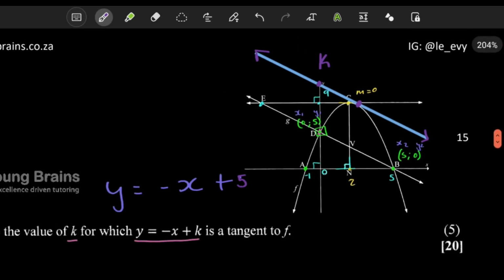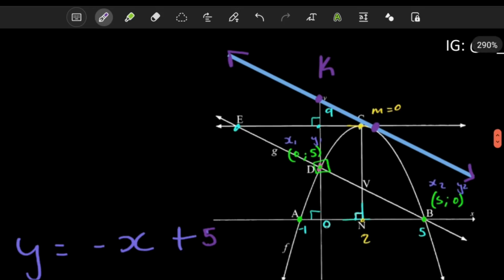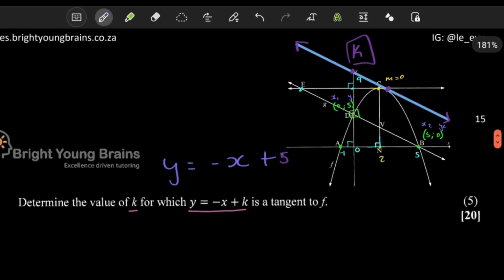So in simple words, we just need to find an equation of the tangent to this curve if that tangent has a gradient of -1, because a tangent that has a gradient of -1 to this curve is going to have a specific y-intercept that would cause this straight line to be a tangent to f.